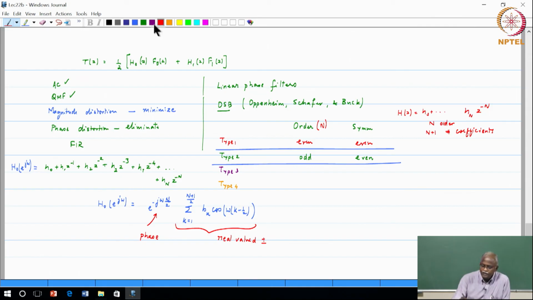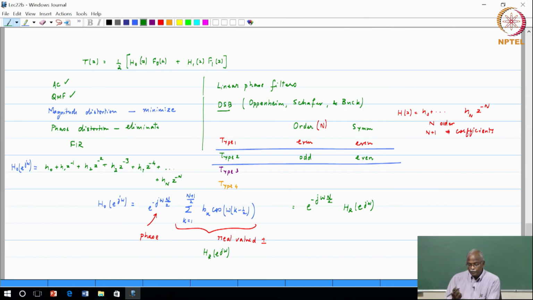We will call this some real valued function H_r(e^{jω}). So, very important, we can now write it as e to the power minus jωn by 2 times H_r(e^{jω}).